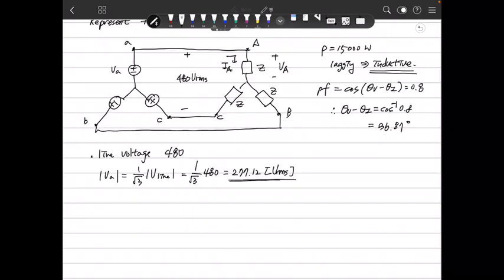Then VA will be 277.12 with phase angle 0.